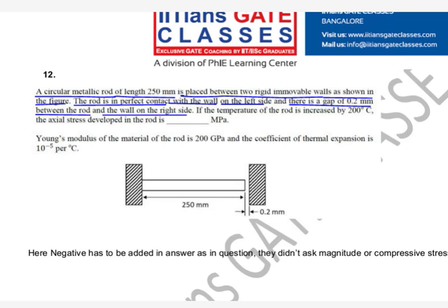If the temperature of the rod is increased by 200 degrees centigrade, the axial stress developed in the rod is. Now guys, tell me, here axial stress they asked. So in the answer, will you write positive or negative?